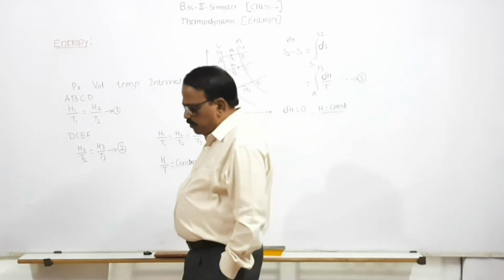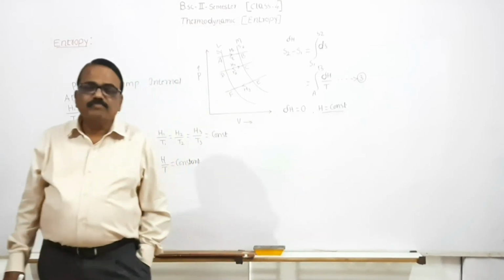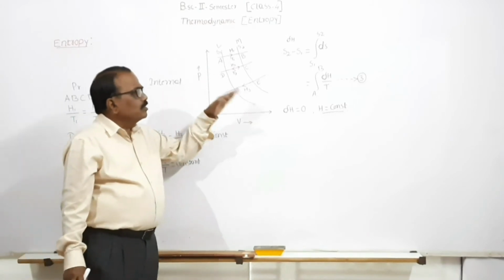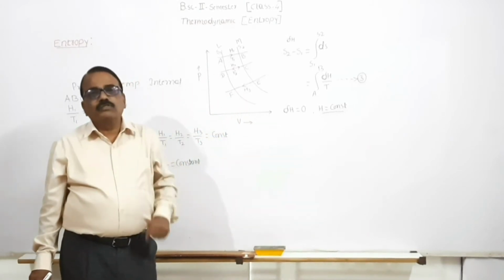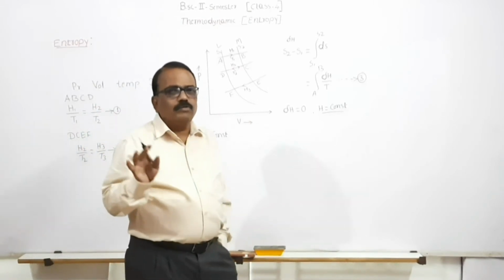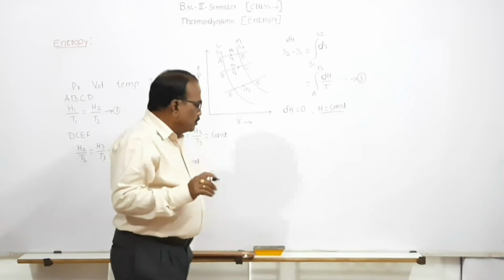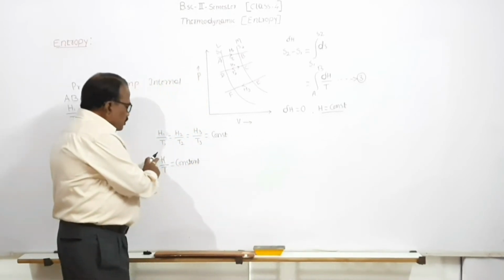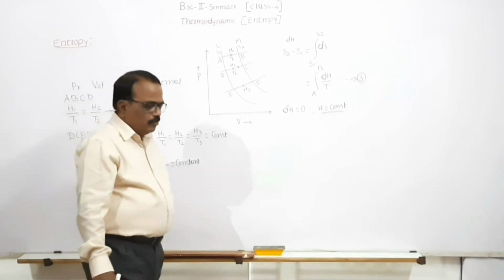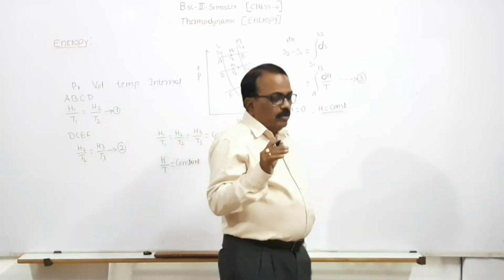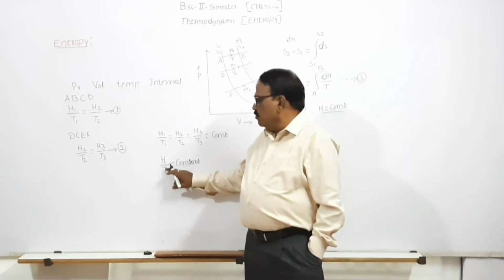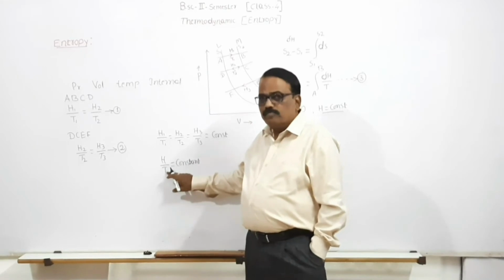H is the amount of heat absorbed or rejected. From one adiabatic to another adiabatic, H is not constant. The amount of heat absorbed or rejected is not constant. But this H upon T is constant. If the amount of heat absorbed is more, the temperature is also more.